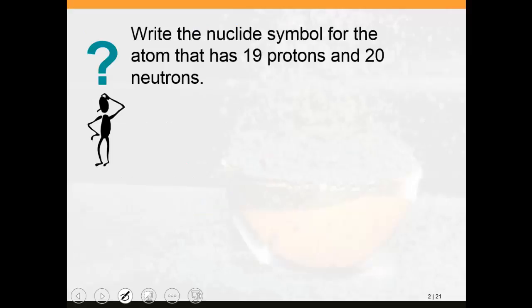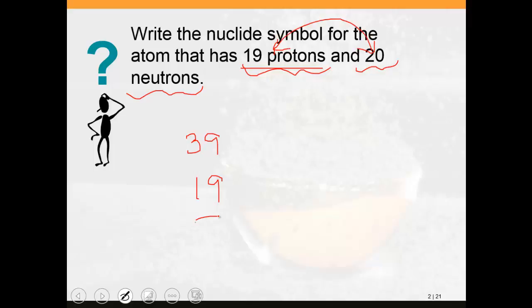So it says write the nuclide symbol for an atom that has 19 protons and 20 neutrons. First of all, the atomic number, the Z number, is 19. Now, how many nucleons are there inside the nucleus? How many protons and how many neutrons added together? Well, there's 39. So the mass number will be 39, 19 plus 20.